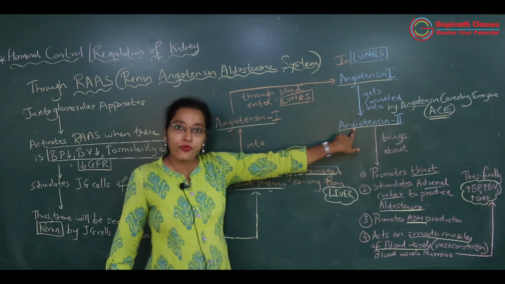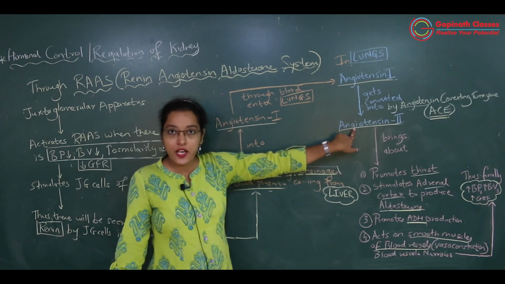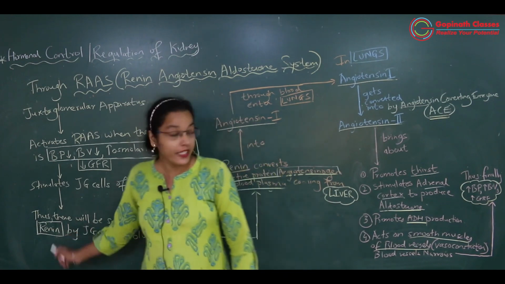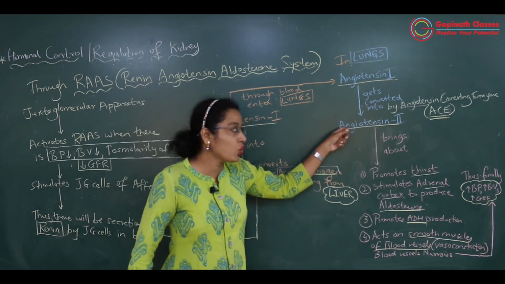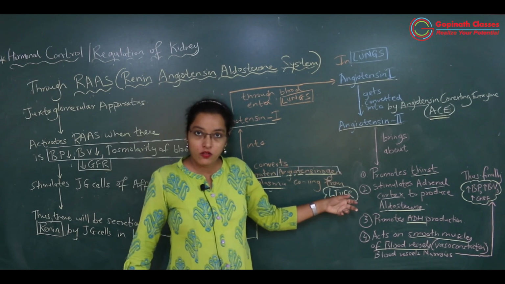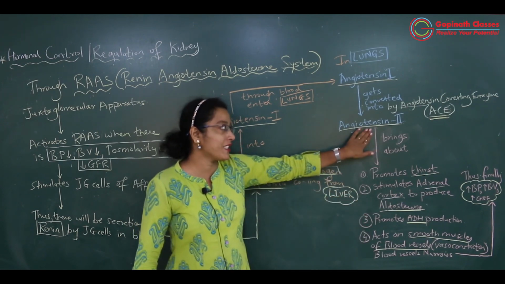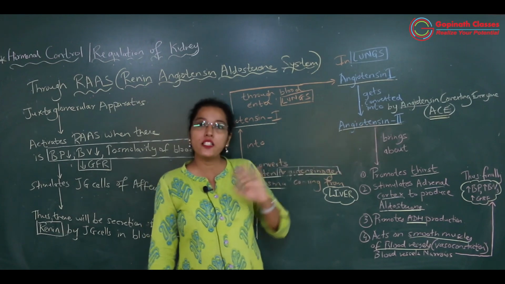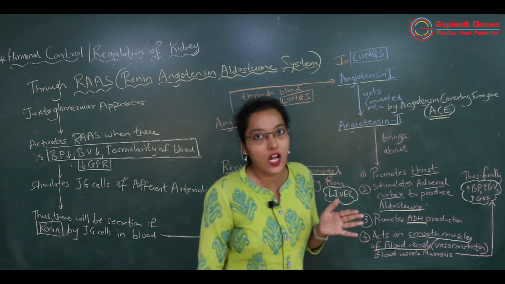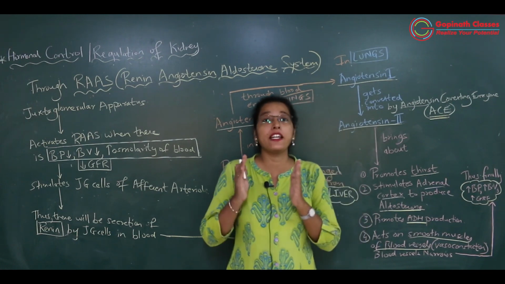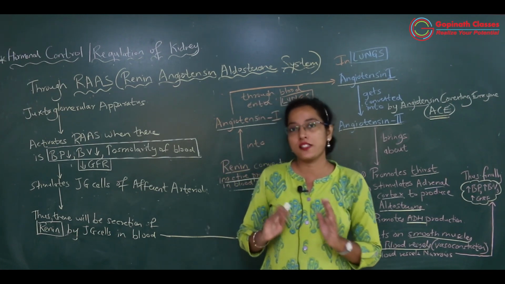ANF का function opposite है as compared to function of renin, angiotensin 2, aldosterone. Got it? So aldosterone, angiotensin 2, renin, all these which are there, these are opposite in function. So ANF is antagonistic to RAAS.